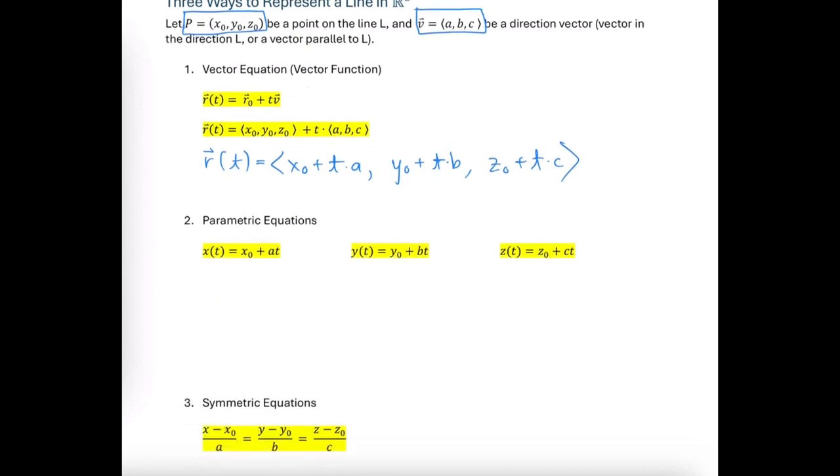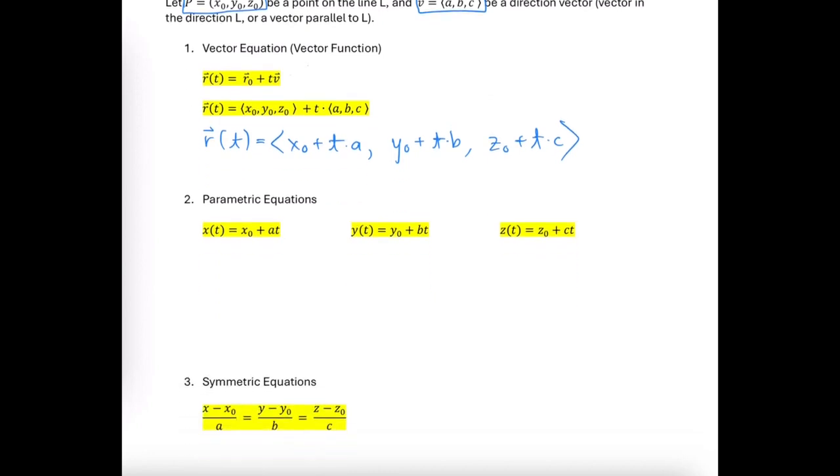And when we write it like this, we're able to more easily see the parametric equations that are our next version. We get the x parametric equation directly from the x component of the vector function. That x parametric equation can be written just with x, or it can be written as x being a function of t.